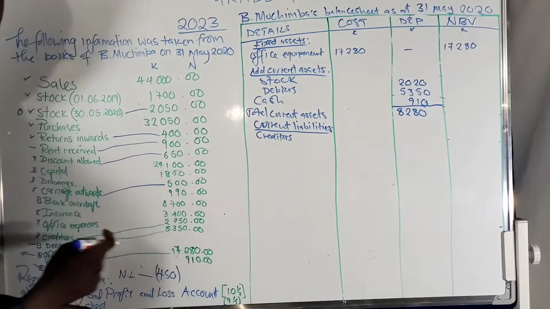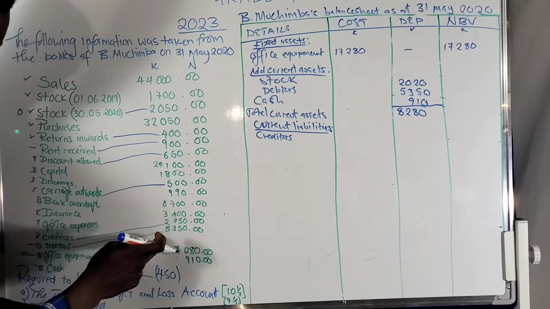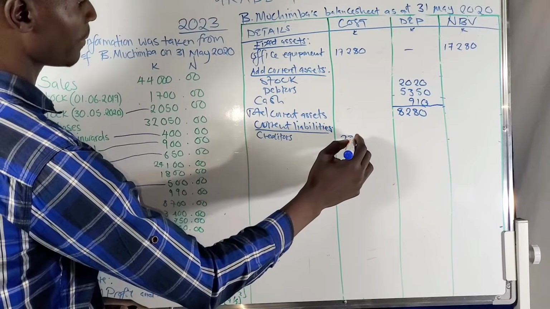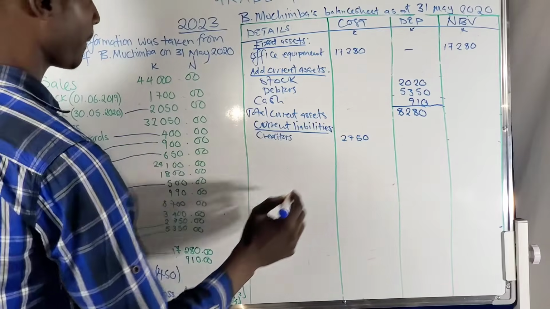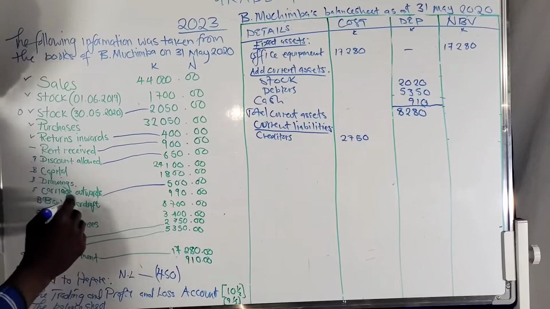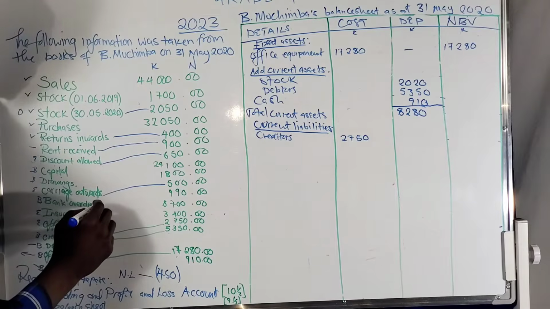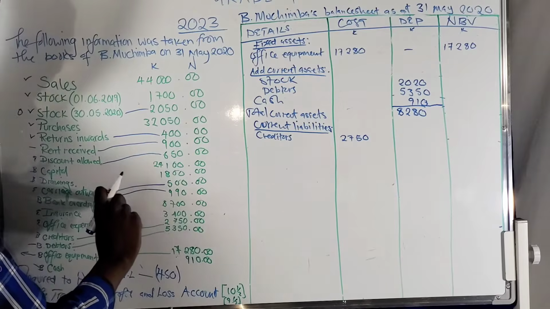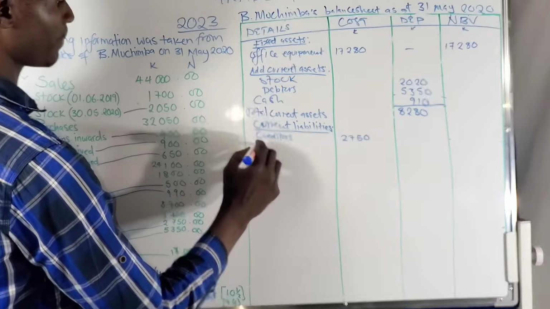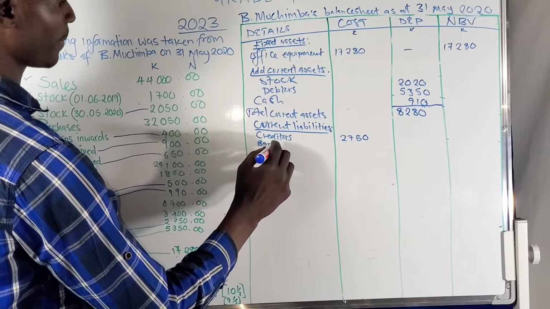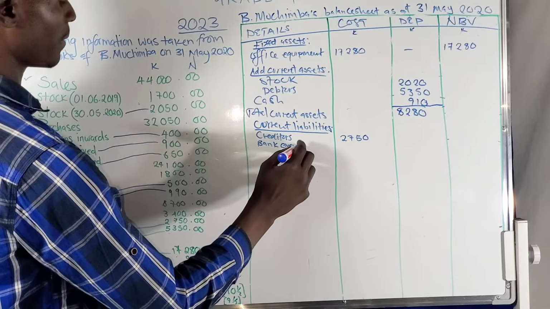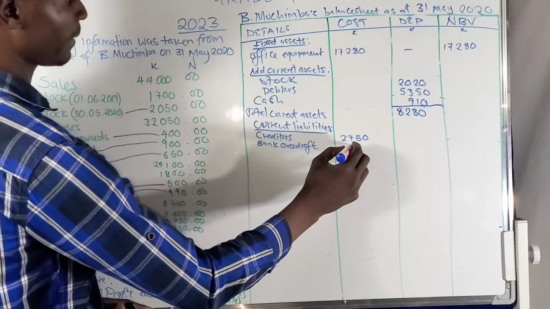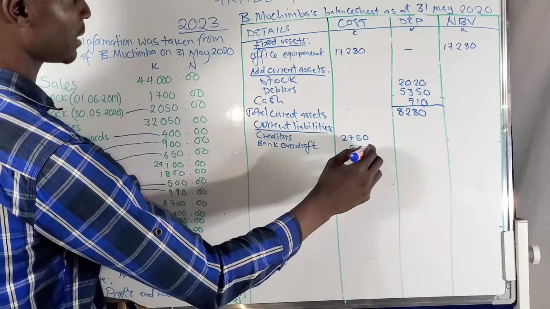Creditors in the first column is 2750. Then bank overdraft is 990.